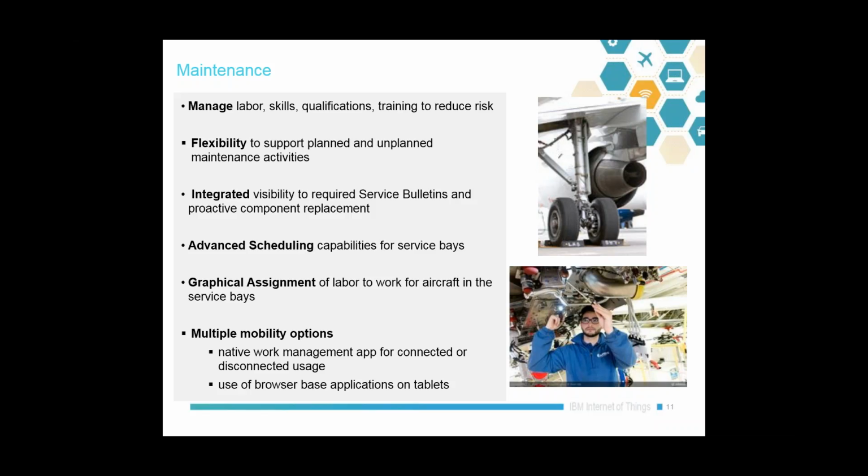We've added some ease around managing labor, and skill qualifications is a big thing. Training, there are some enhancements that we're doing around the management of qualifications and training. We continue to enhance the ability to deal with both planned and unplanned maintenance activities. There's a set of actions that are flight hour based that they know they have to do when a plane comes into a hangar.